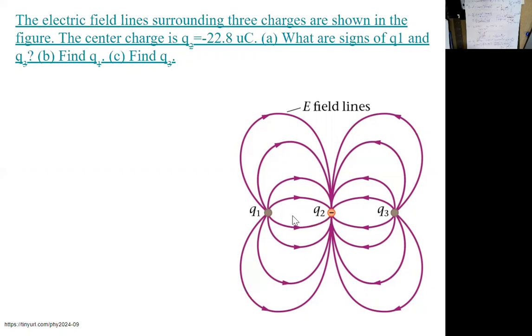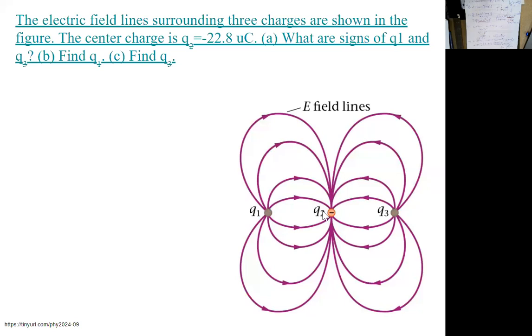Okay, but what are the signs of Q1 and Q3? You can see the lines start at Q1 and also at Q3. So that tells you Q1 and Q3 should be positive charges, because electric field lines start at positive charges and end at negative charges.